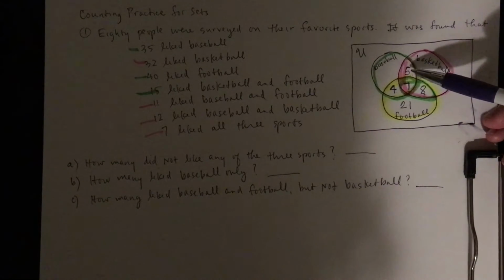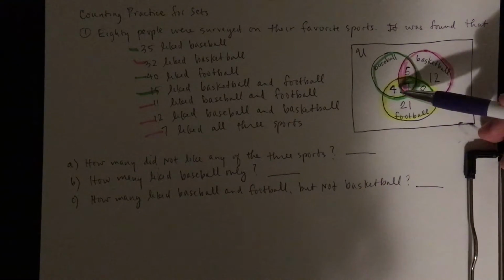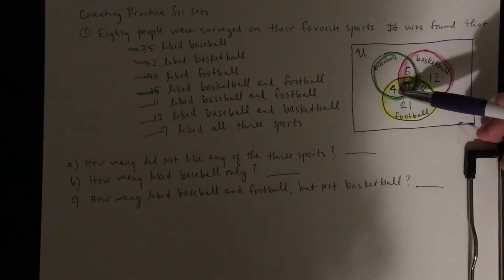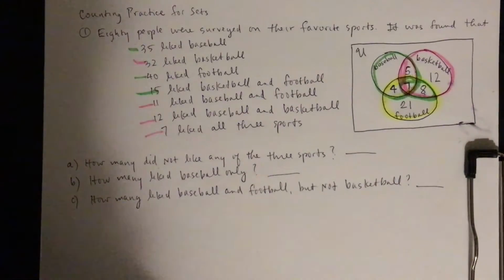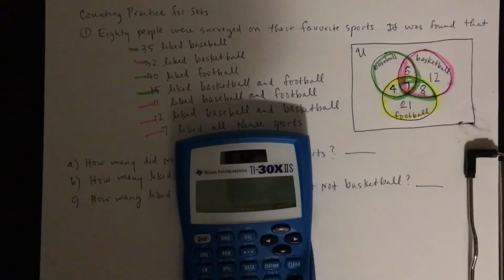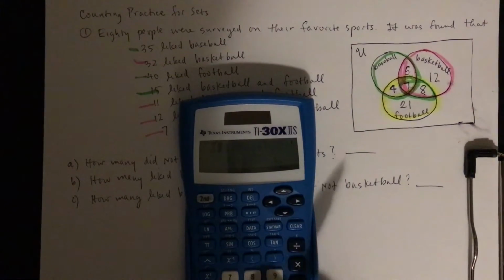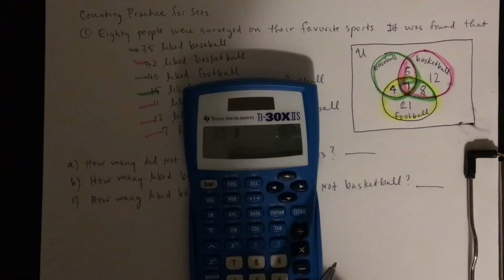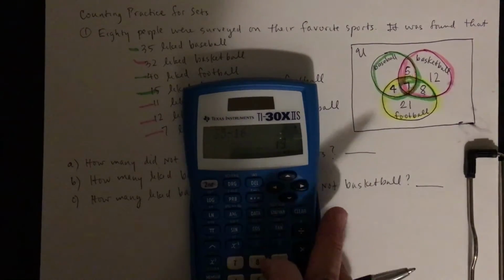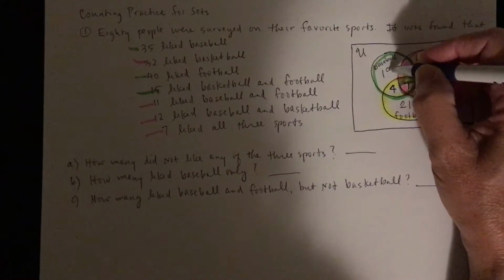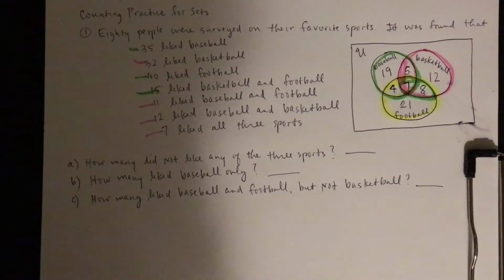Add these numbers, 5 plus 7 plus 4. See, 5 plus 7 is 12. Plus 4 more is 16. So I need to go ahead then and subtract 35 minus 16. 35 minus 16 is 19. So that gives us 19 people who liked baseball only.